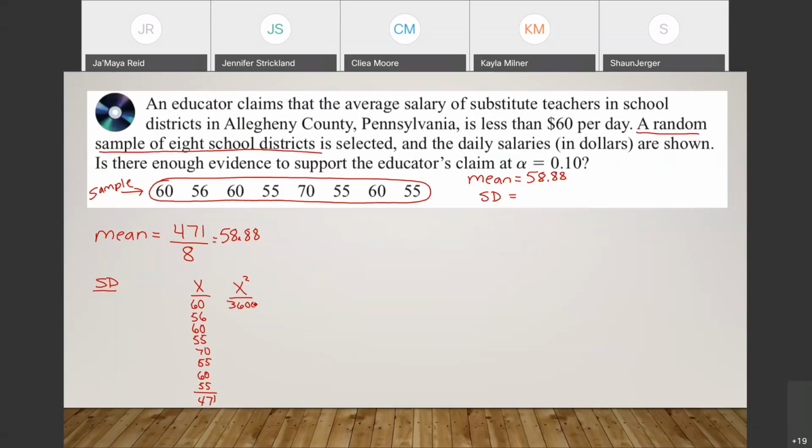And 56 times 56, 3136. And 55 times 55, 3025. 70 times 70. A lot of these are repeats. Okay, and then I added those up.